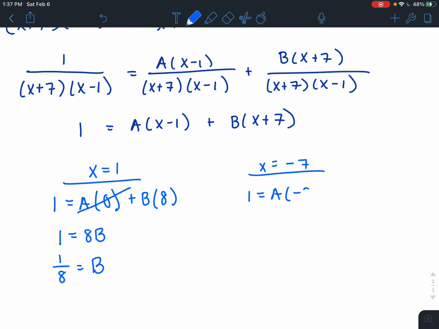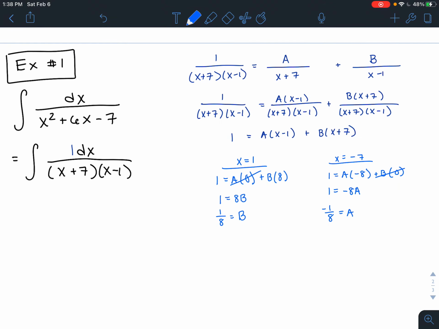If I plug in -7, I get 1 equals A times -8 plus B times 0. So I'm going to get 1 equals -8A, so -1/8 is equal to A.